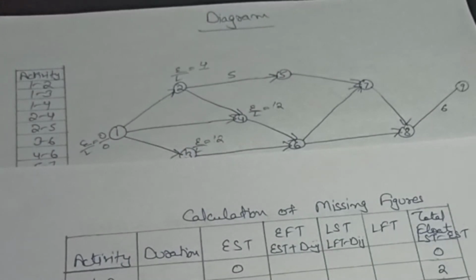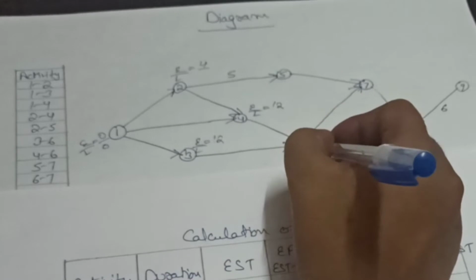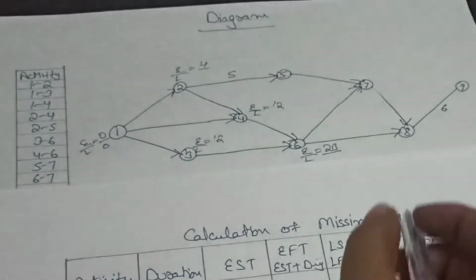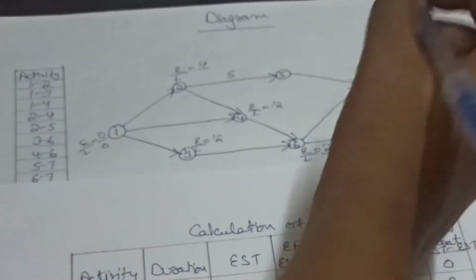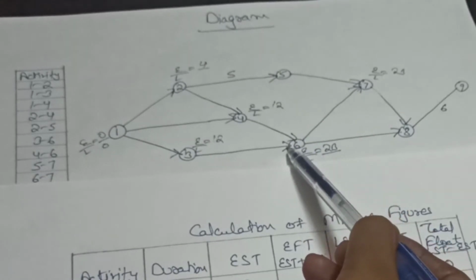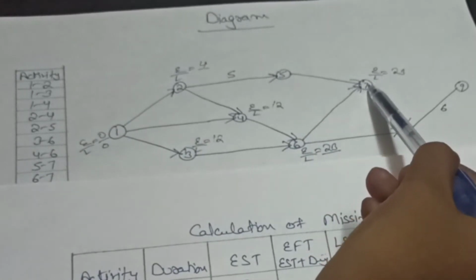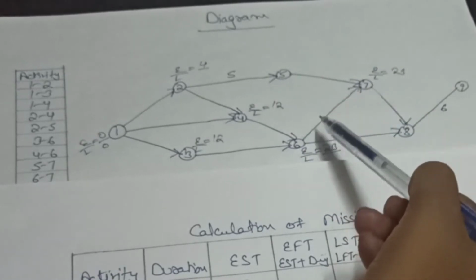Then 6 to 7, E value is 23. For 7 to 8, E value is 23. So you can notice here students, E value for node 6 is 23 and for this node also 23. It means the duration of this activity is 0.